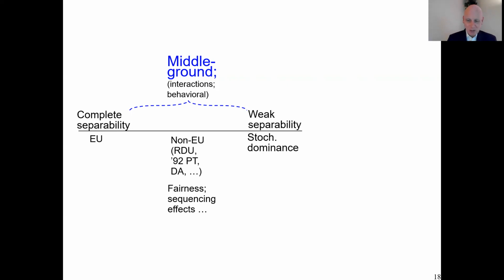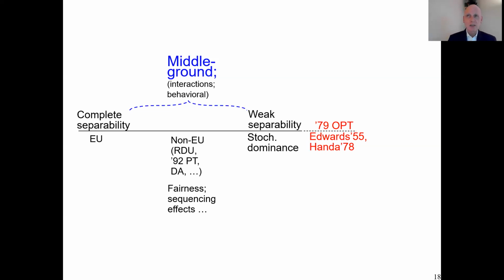To historically illustrate this point, let me talk about 1979, the first version of prospect theory, a bit different but very similar to the probability transformation theories of Edwards and Handa, for instance. At some stage, at the end of the 1970s, it was discovered that these theories violate stochastic dominance. They violate weak separability. They are outside the middle ground.